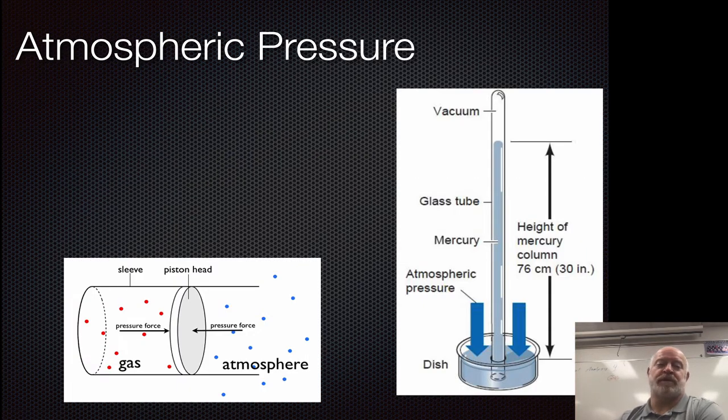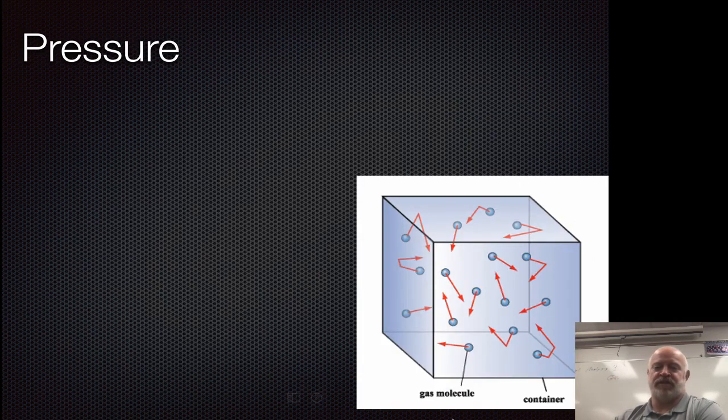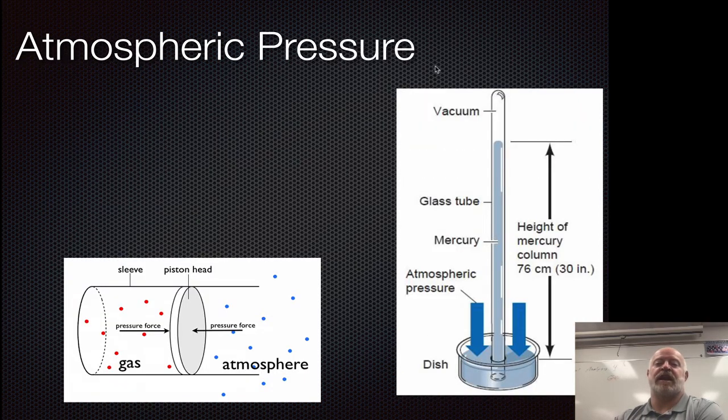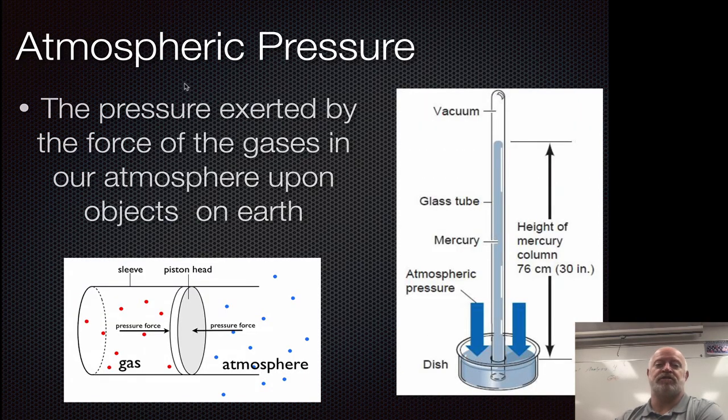We also need to talk about atmospheric pressure, or what is going on around us, because when we have a container, let's say we have a container like this, if there's pressure on the inside, what's going on the outside of that container, okay? It's worth acknowledging that anything we work with has atmospheric pressure around it, okay? So we're talking about this pressure that's exerted by the force of gases in the atmosphere around us.